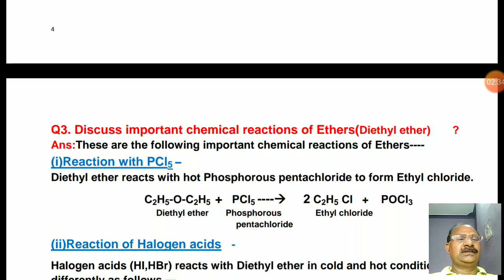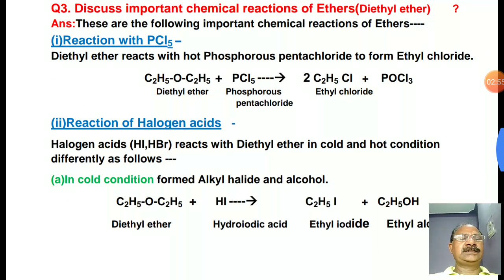The third question is: discuss important chemical reactions of ethers. Diethyl ether. These are the following important chemical reactions of ethers. First, reaction with PCl5. Diethyl ether reacts with phosphorus pentachloride to form ethyl chloride and POCl3. Second is reaction with halogen acids.